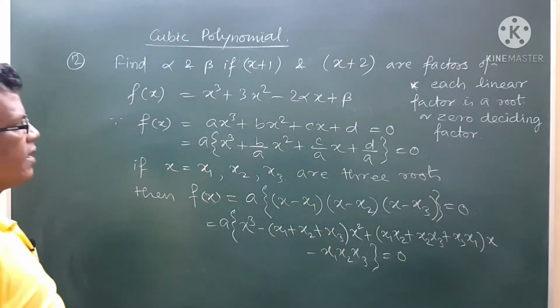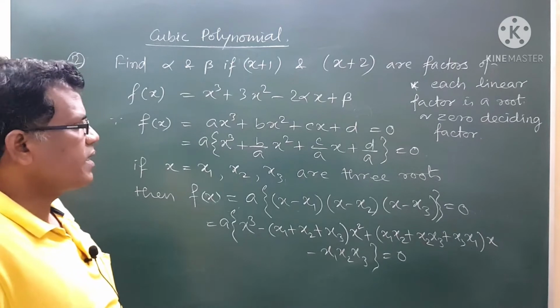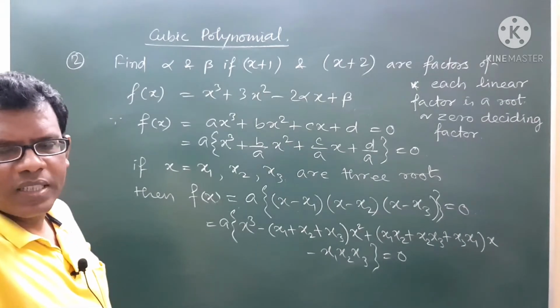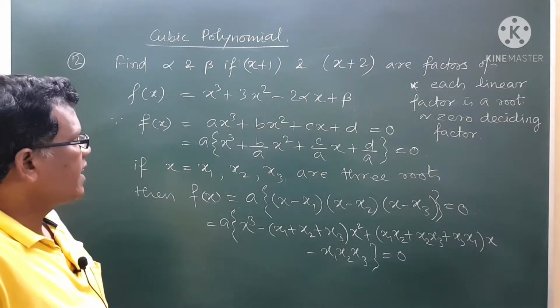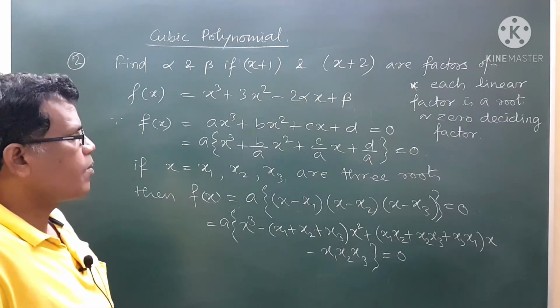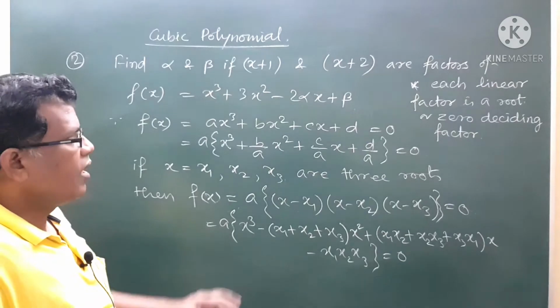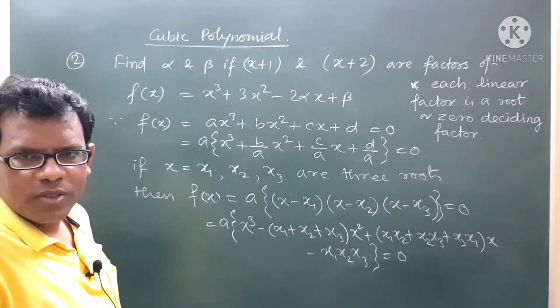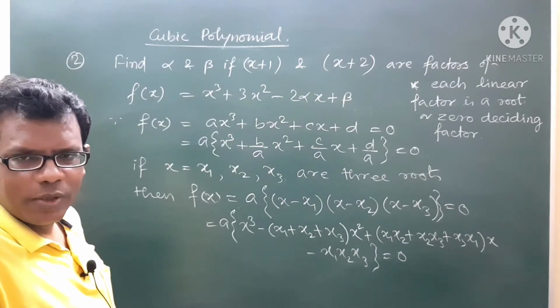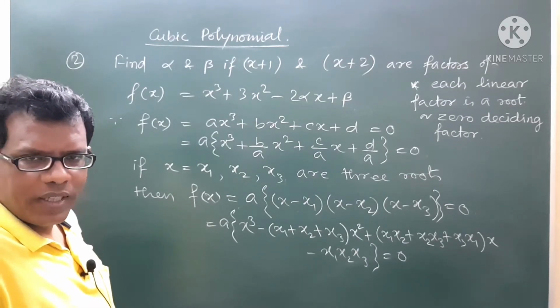That means whenever we express one term as a factor of a polynomial, the value of that term is basically 0. If I am saying that x plus 1 is a factor, it means the value of x plus 1 is 0. If you are saying that x plus 2 is a factor, then the value of x plus 2 is 0. Got my point?